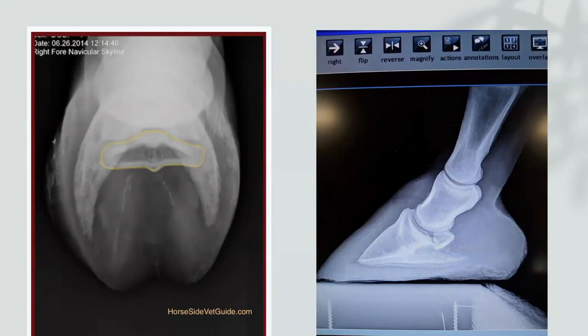So you get a very different view of that bone where you're able to see the vascular channels in it. Those are the little black dots on the inside. The coffin bone is in that picture, kind of making that semicircle on either side of the navicular bone. But the one in yellow is going to be your navicular. Does that make sense?